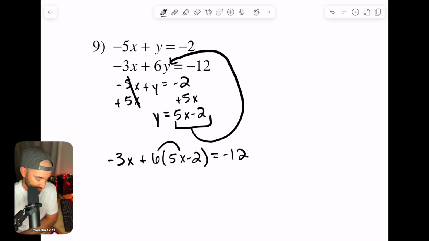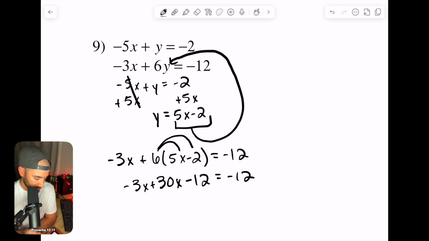So 6 times 5x is going to give us 30x, and 6 times negative 2 is negative 12. So we'll bring down the rest, negative 3x plus 30x, and equals negative 12. So now we're going to combine like terms. So negative 3x and 30x will combine to make 27x minus 12 is equal to negative 12.